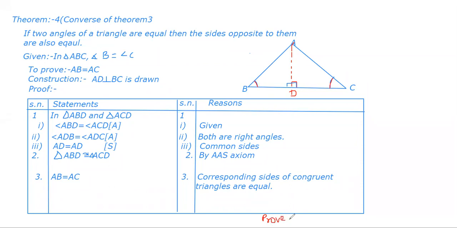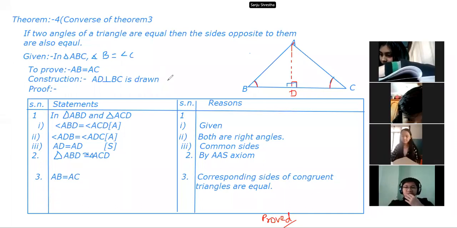By AAS axiom we will show congruence at first. After showing congruence, corresponding sides of congruent triangles are equal. Now after this, today let's prove another theorem also, theorem 5.